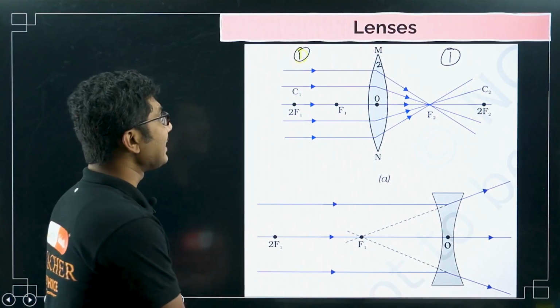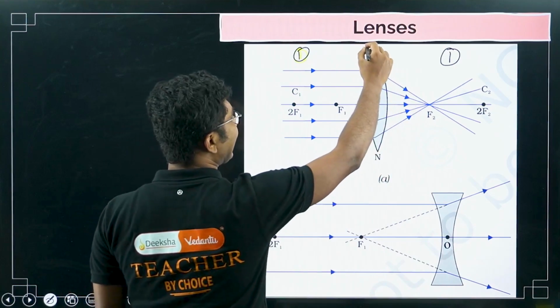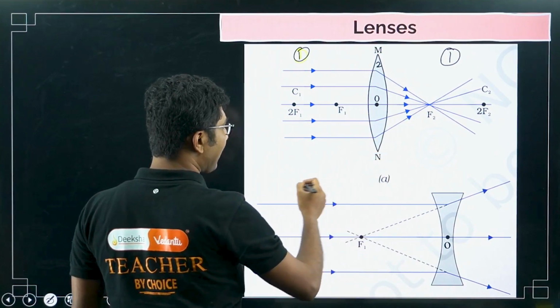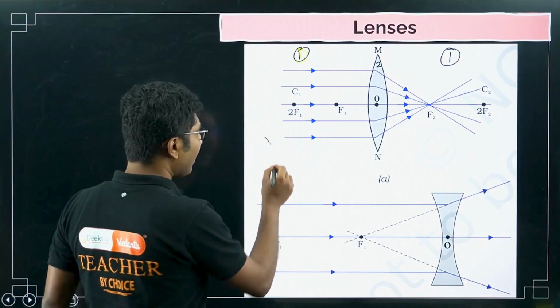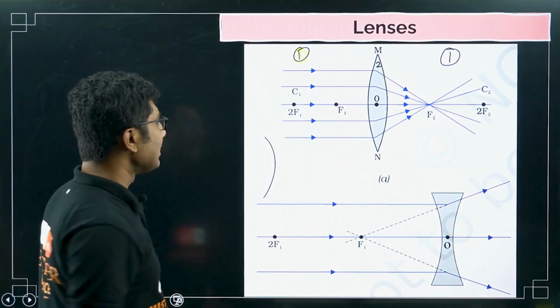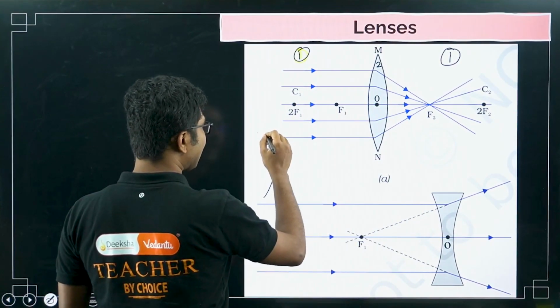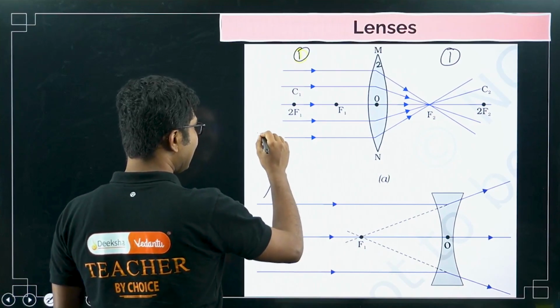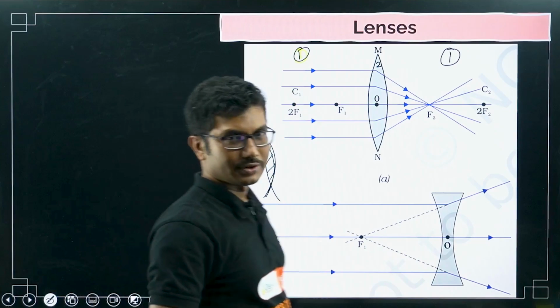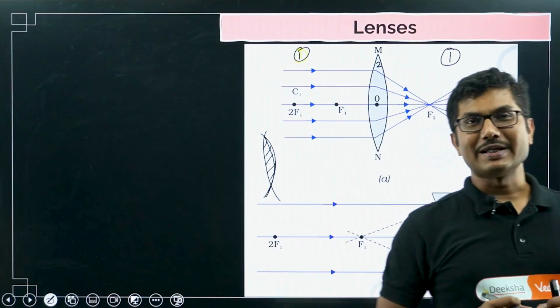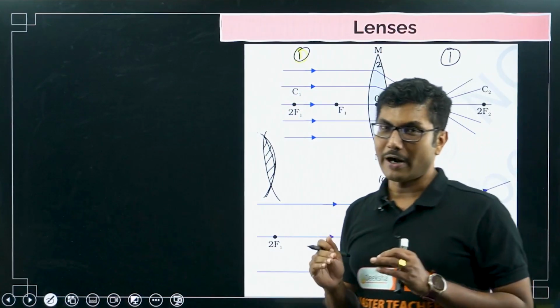Why are they called spherical lenses? Because if you extend any side, they basically form a sphere, like the spherical mirrors where the edge is part of a sphere. Similarly, if you take two spheres and make them intersect each other, whatever region is left, that is the lens. So basically spherical lenses are made of parts of two spheres.